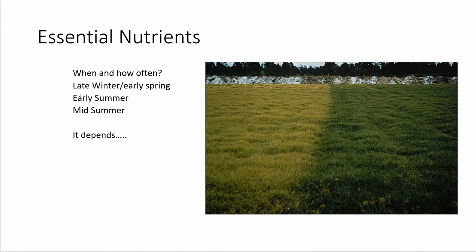Okay. Now, early summer, okay, you may need to add some more depending on how much insoluble, slow release nitrogen is in that bag. Okay. And then again, midsummer, right?